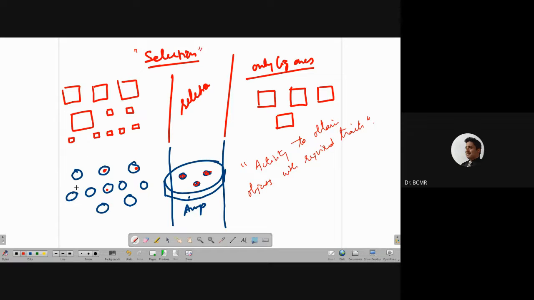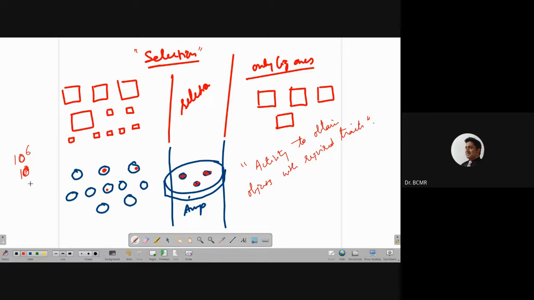If I had so many cells and assume that the plasmid, the vector that I'm talking about, is in some cells, usually when you do a transformation experiment, say for example, you take 10 to the power 6 cells, and maybe about 1,000 of them, or usually say 10 of them, got transformed.